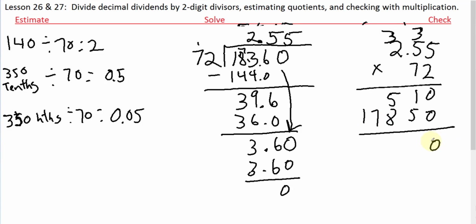Go ahead and add those up. 0, 6, 3, 8, 1. So we divided by 100 here, so we multiplied by 100 here, so we're going to divide by 100 here, giving us 183 and 60 hundredths, or 6/10, which matches our dividend.